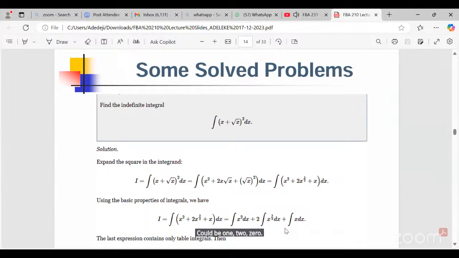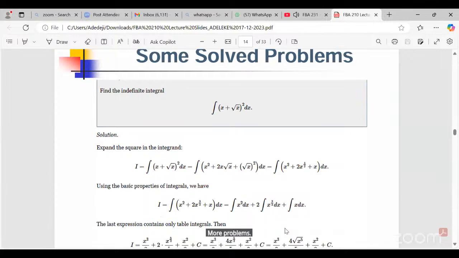More problems solved as displayed. So I have to integrate x plus root x all to the power of 2.